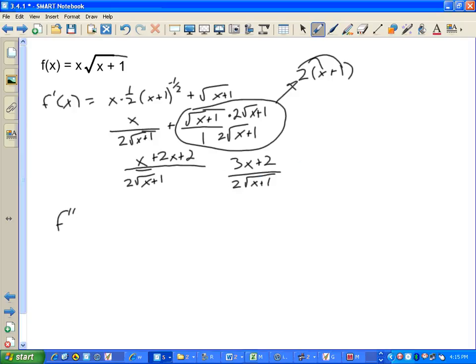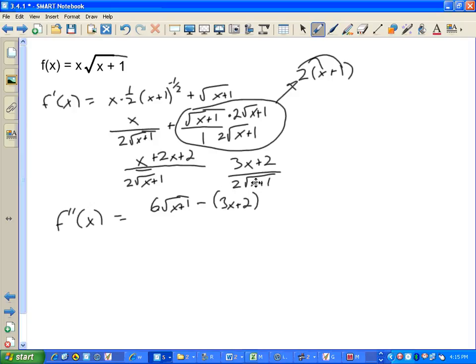So that's going to require the quotient rule. So bottom times derivative of the top, which would just be 3. So I'm going to turn this just to a 6 here. Okay, so that's bottom times derivative of the top minus top times derivative of the bottom.